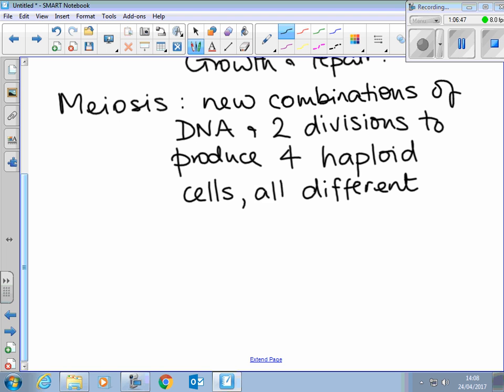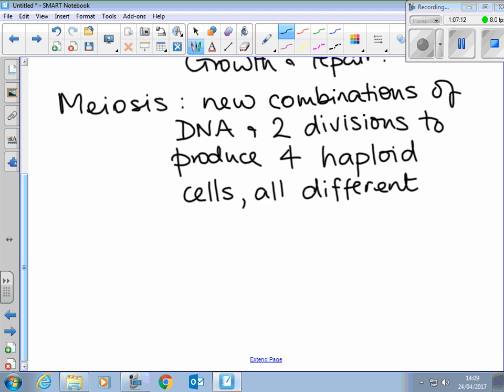I didn't say haploid or diploid for the mitosis because it could be either. It depends what you start with. You can take a haploid cell, put it through mitosis, you get 2 haploid cells. You can start with a diploid cell, put it through mitosis, you get 2 diploid cells. But with meiosis, you always get these haploid cells with a single set of chromosomes.